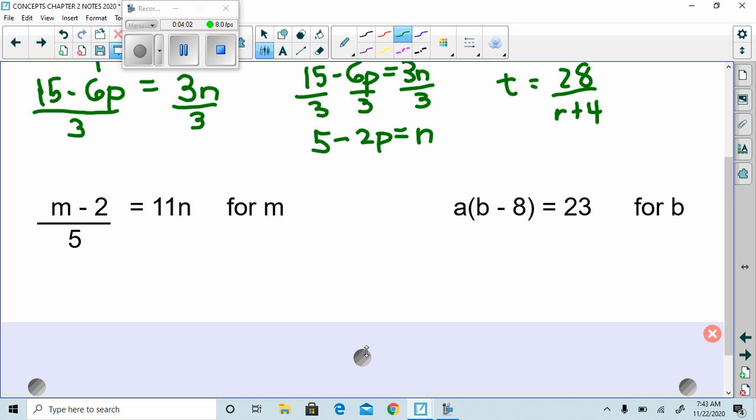m minus 2 divided by 5 equals 11n. Let's solve for m. First thing we need to do is multiply both sides by 5. Now canceling out the 5 on the left. And then we'll multiply, and we'll get 55n.